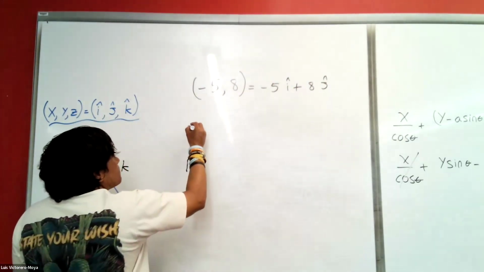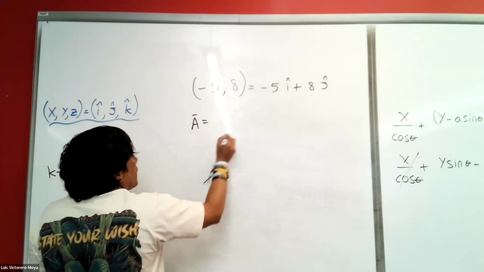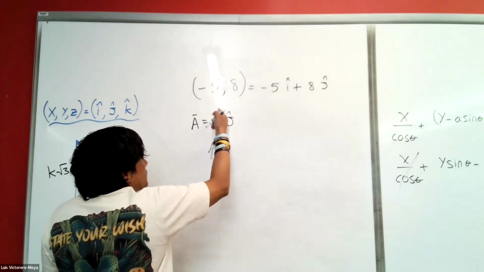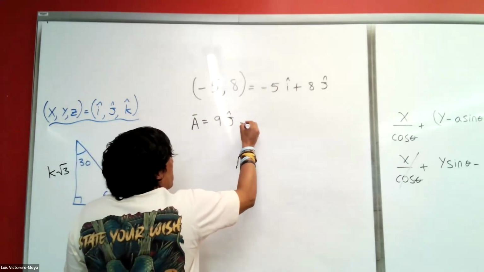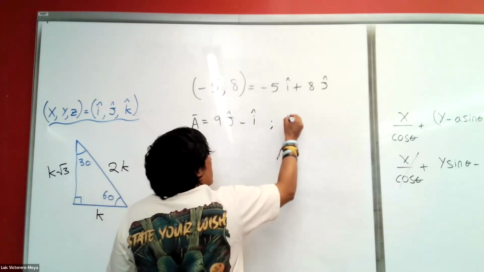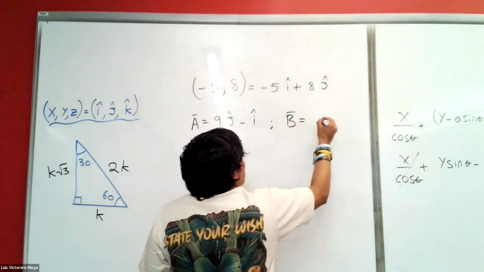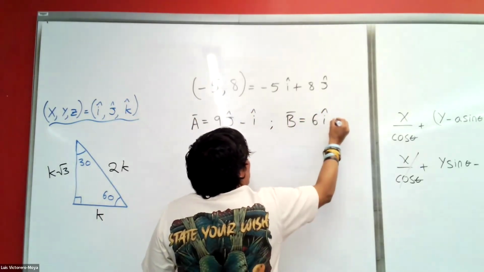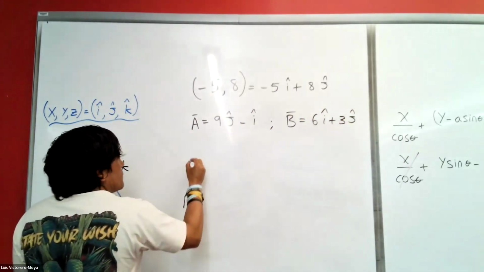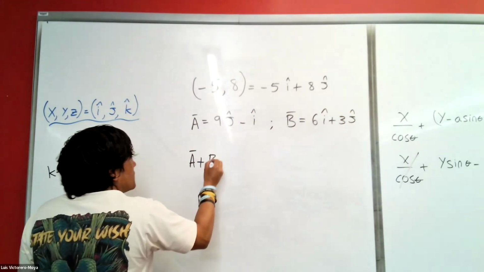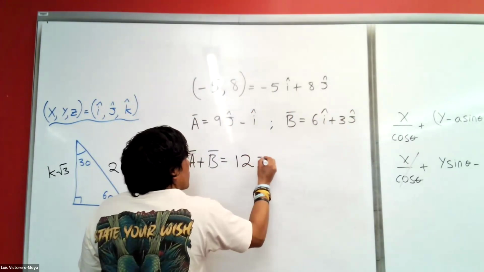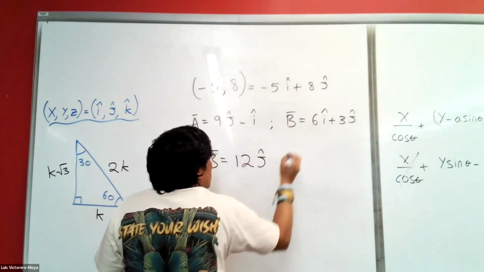So then how do you add? If vector A is 9j minus i, and vector B is 6i plus 3j, how do you add this? It's easy. Very easy, guys. j's with j's, i's with i's.